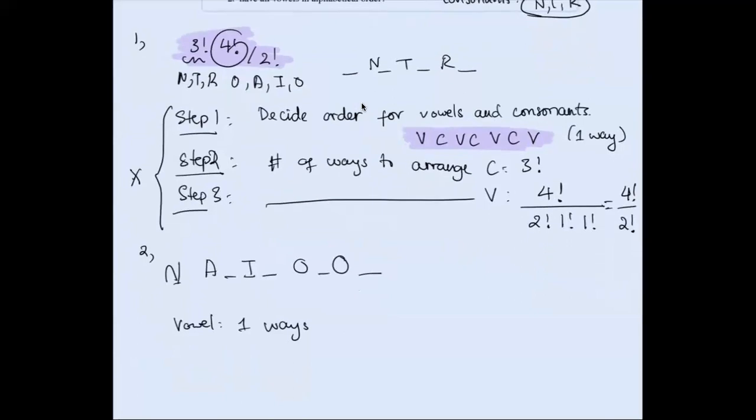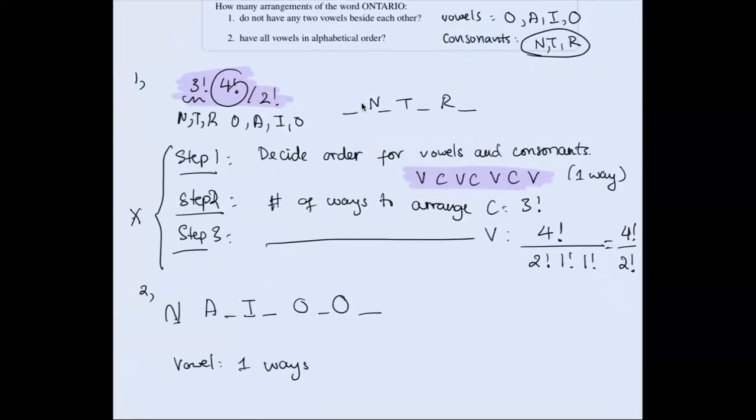So the student was saying that for the vowels to be in alphabetical order, there is only one way to arrange them. They have to be A, I, O, and O. That is the only way for them to be in alphabetical order. And now we will try to see where can we put the consonants in.